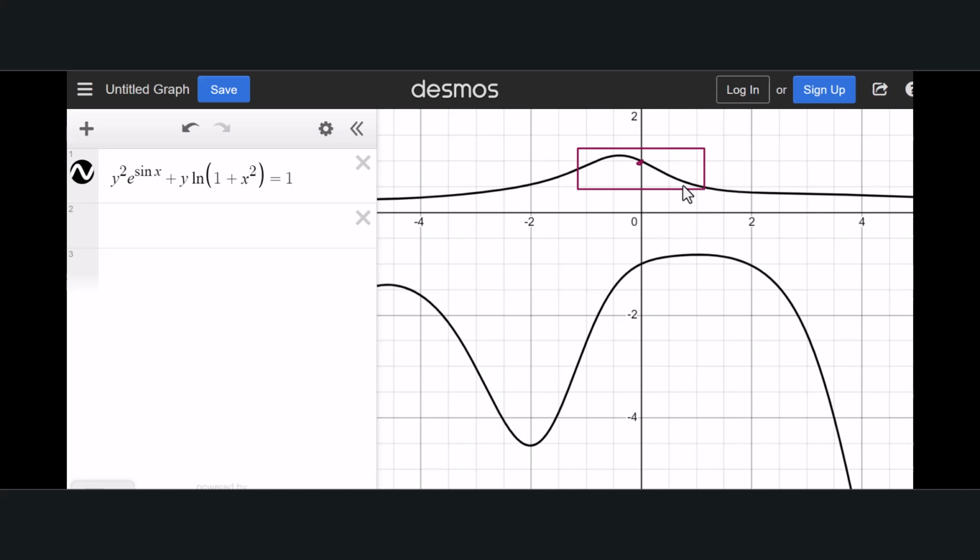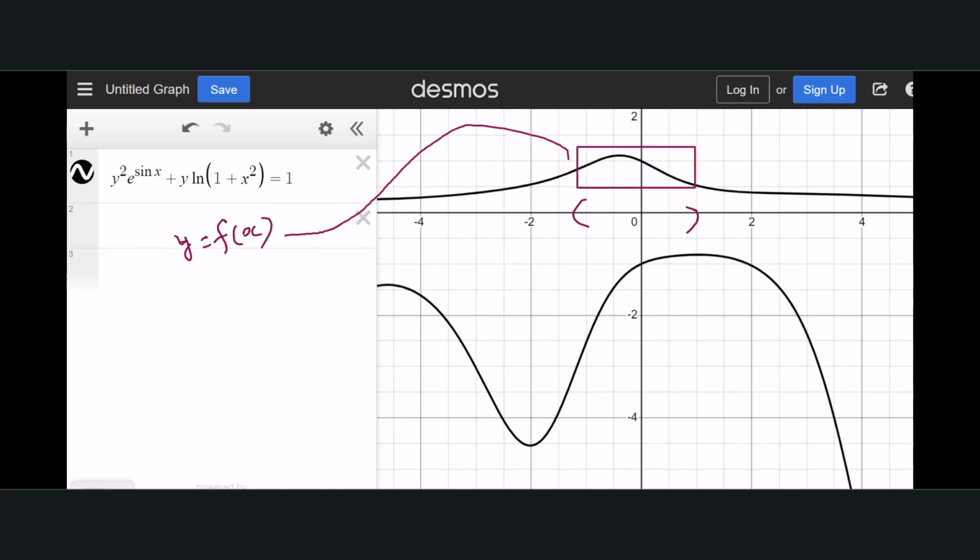So when that condition is satisfied, we can assume that for this particular domain here, I can write y as a regular function of x for this piece, okay?